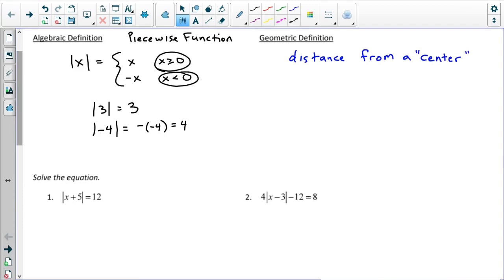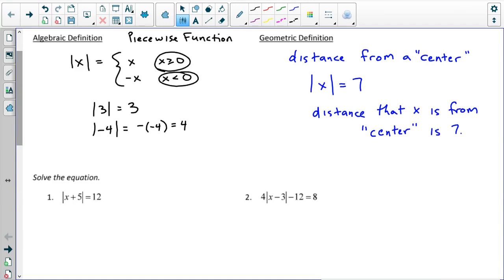So, for example, if I take a look at a problem like the absolute value of x equals 7, what I'm saying is that the distance that x is from the center is 7.